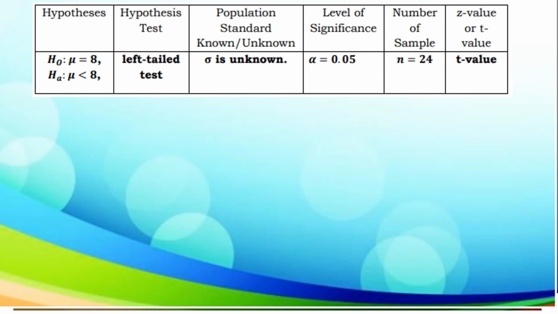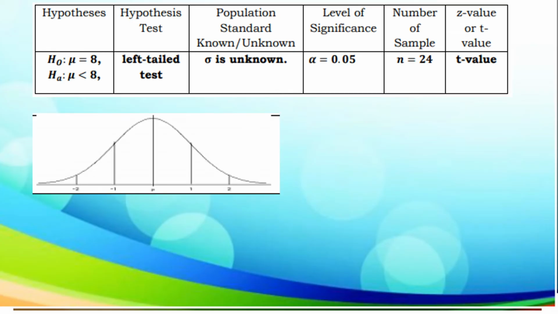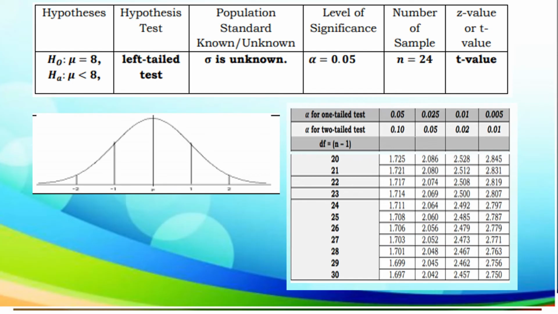Utilizing this table for us to be able to illustrate the rejection region, we're going to use the standard normal curve and the t-table. Under our t-table, the given hypothesis test falls on a one-tailed test, since it is a left-tailed test, and our level of significance is 0.05, and with our sample of 24, our degree of freedom turns out to be 23.